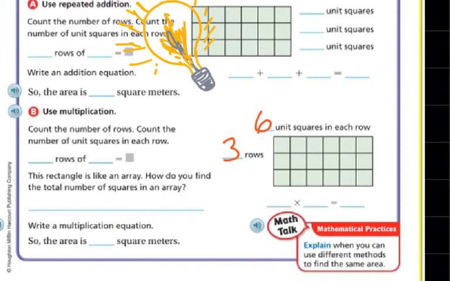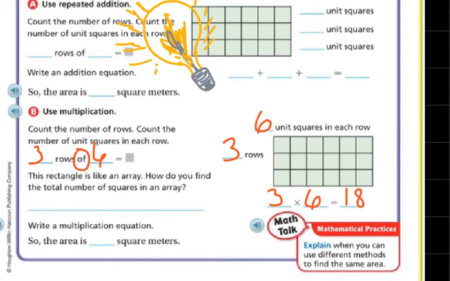So we have 3 rows of 6. That is a multiplication problem. Whenever you see the word of, and we're talking about math, of always means multiply. So we would do 3 times 6 equals 18.